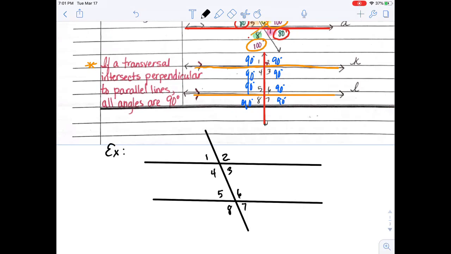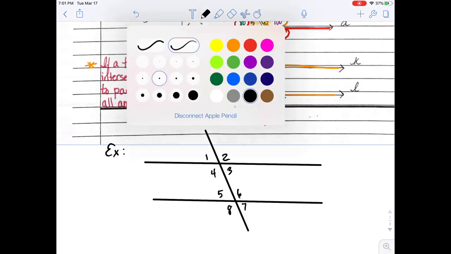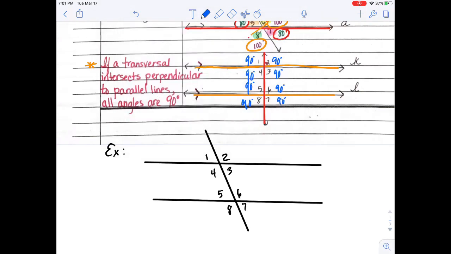And I gave you one angle. That's all I'm going to give you is just one. And let's see. Tyler, pick an angle for me. 2 should be 120. Okay, so 2 is going to be 120 degrees.